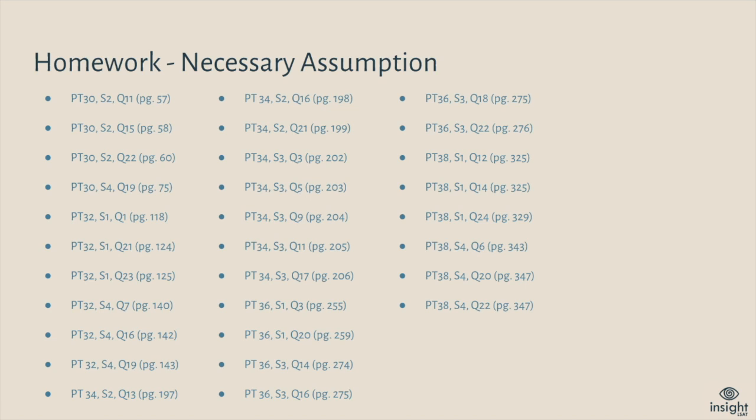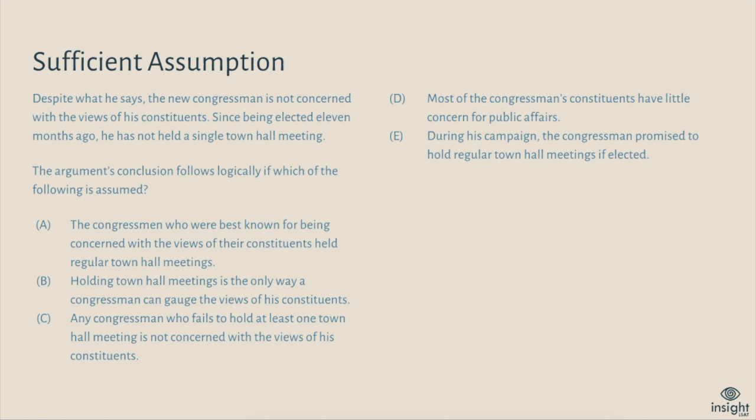And your homework for necessary assumption questions, go ahead and take a screenshot. And sufficient assumption questions. So somewhat related to what we just did with necessary assumption, but it's a different question type. In this case, you're going to be asked to find an answer choice that bridges a gap between the support and the conclusion of the argument in the blurb.